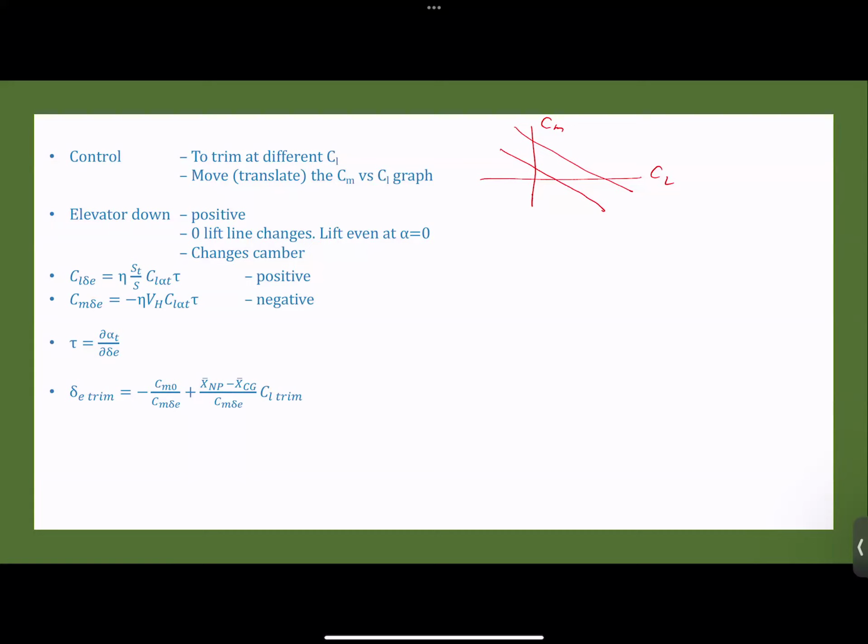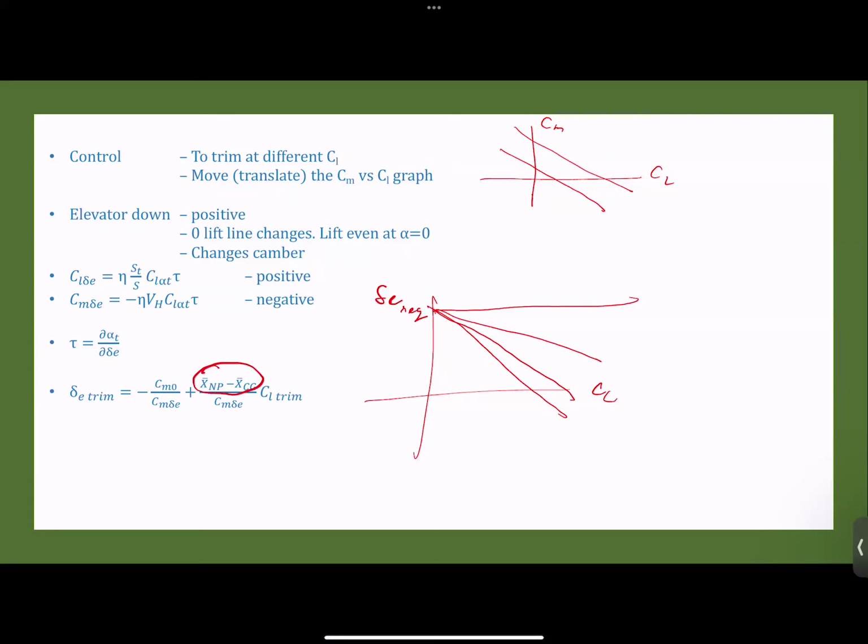This again is an equation of a negative slope. So, delta E required versus CL, they have such a pattern. As you move the CG closer to the neutral point, it keeps reducing the slope until at the neutral point, it becomes zero slope, as you can see from this term.